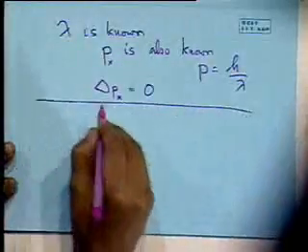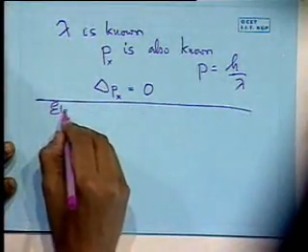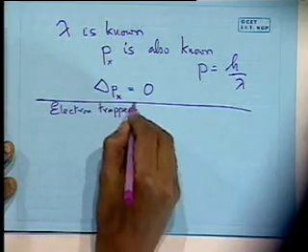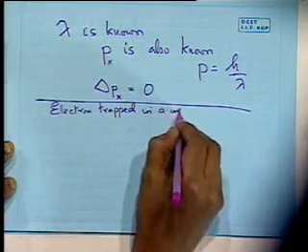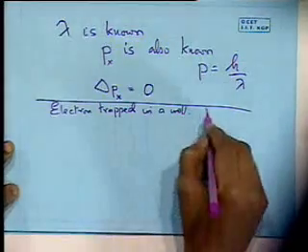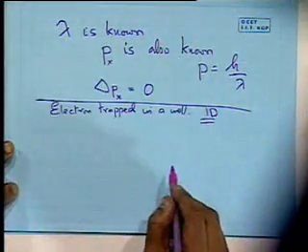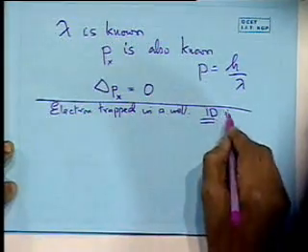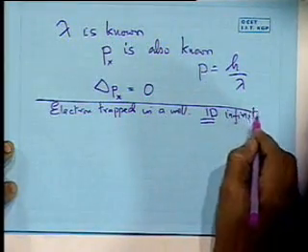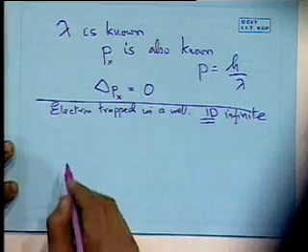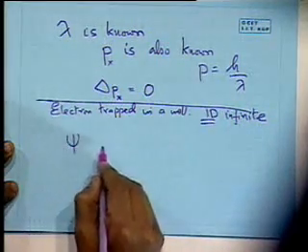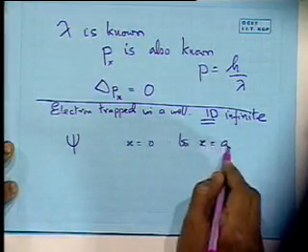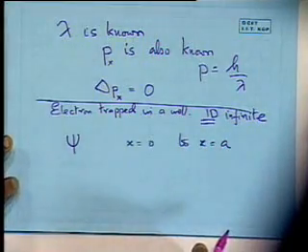Now consider the case that we were looking at earlier, the electron trapped in a well. It's a one-dimensional well, infinite, as we saw earlier. In this case, my wave function extends from x equal to 0 to x equal to a. This is the case that we just saw.